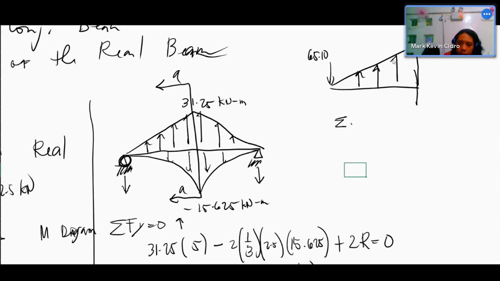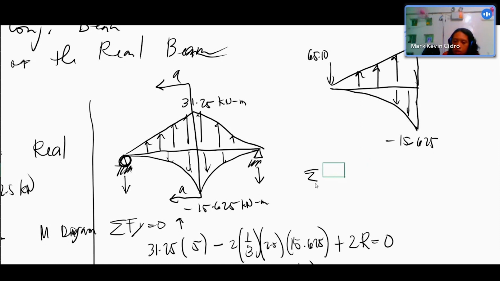Then there is another force, upward, with magnitude 31.25, and a negative one, 15.625. Then we get the net moment, which is the deflection at the midspan. Summation of moment at AA is equal to 0.